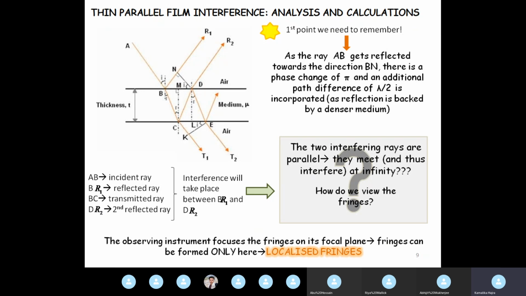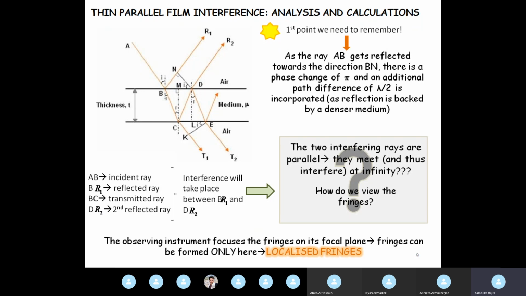When you are observing thin film interference, whether you are observing the fringes with your naked eye or using an instrument, you have to adjust it until the rays are converged on the focal plane of the observing instrument, be it your eye or an apparatus.